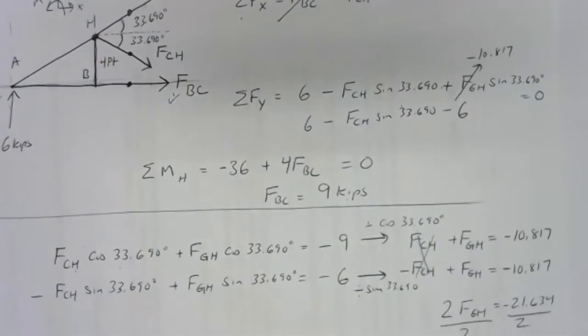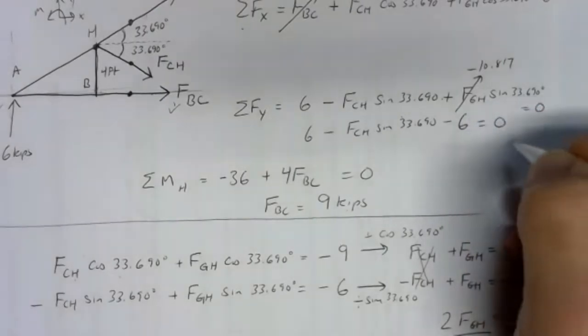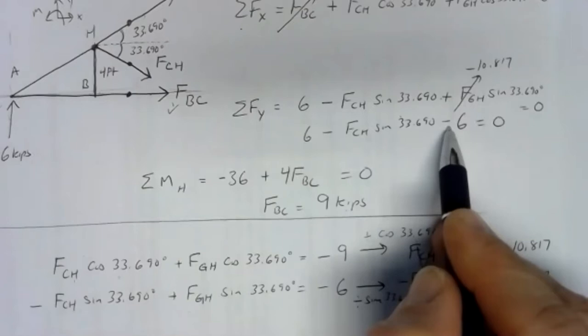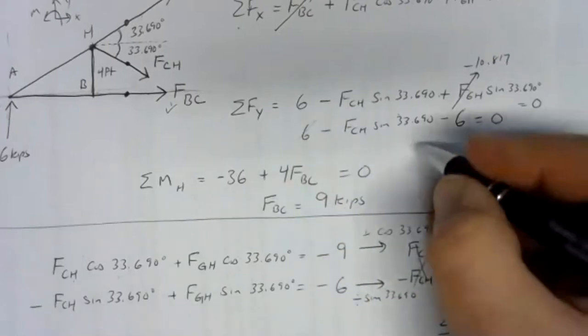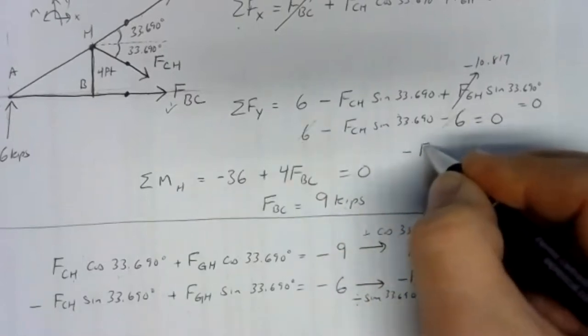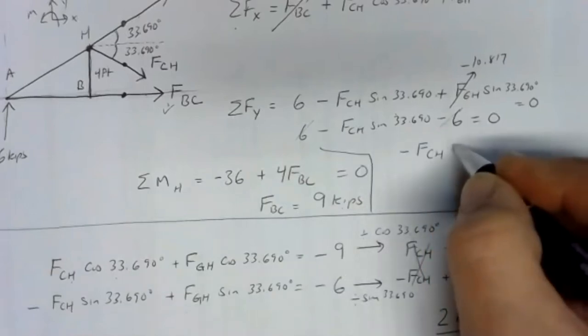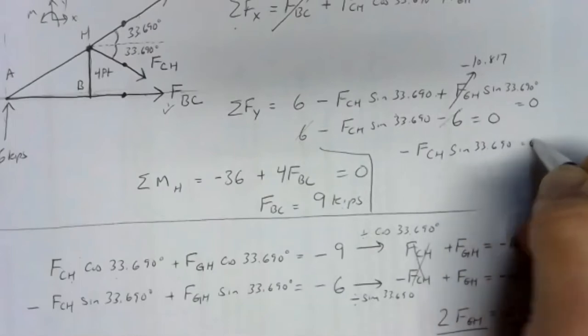So that's an interesting way that this is loaded. So that equals 0. Notice what happens here with our 6's. We have 6 plus negative 6. That's 0, so the 6 and the negative 6 cancel each other out, and we end up with negative FCH sine of 33.690 equals 0.